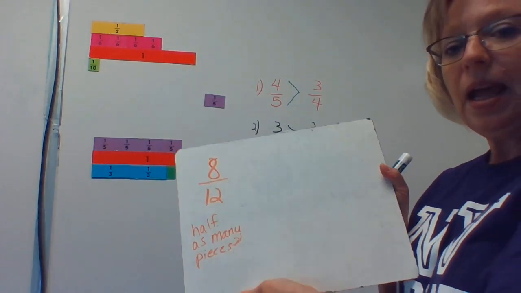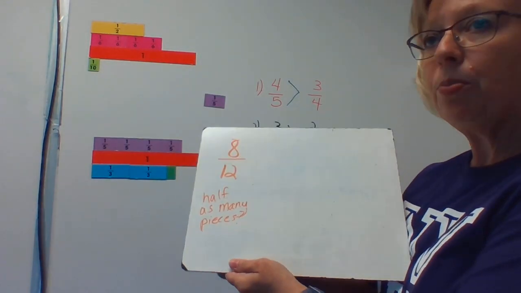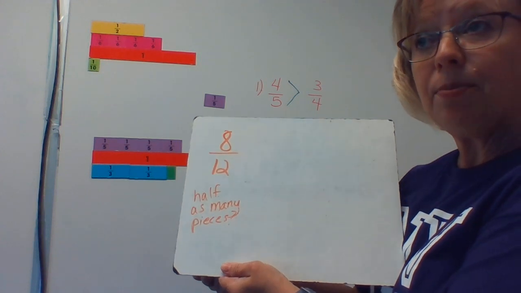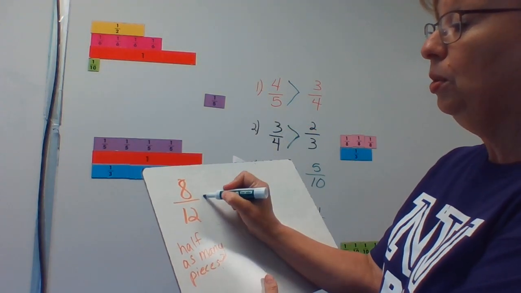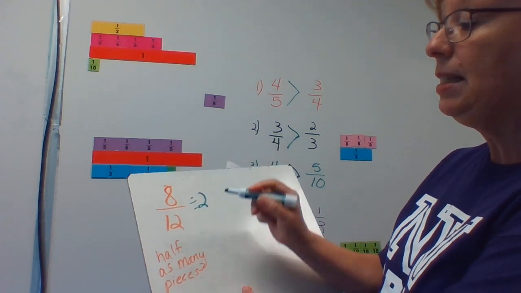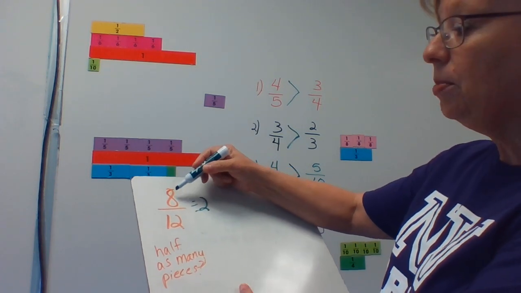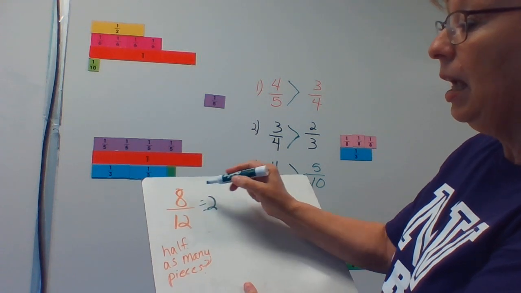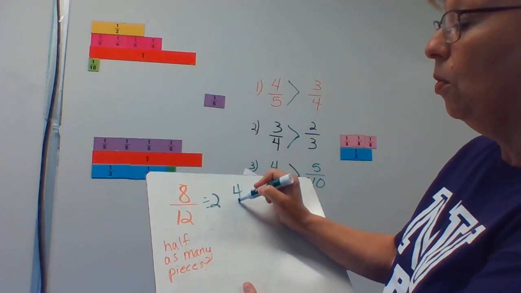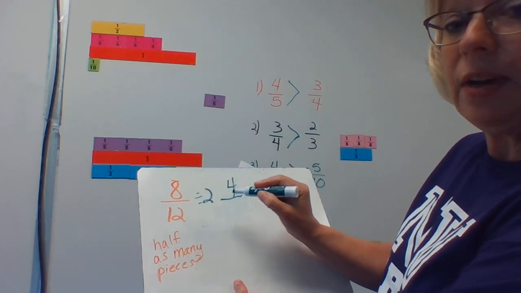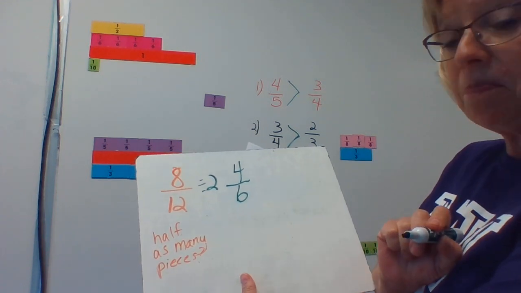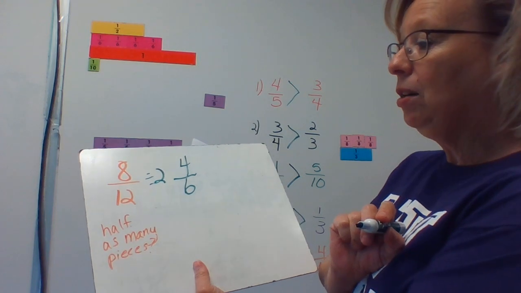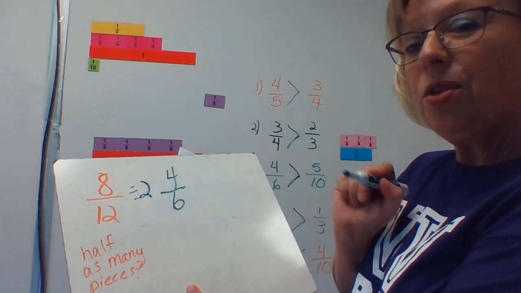So just like we were multiplying earlier in the week, we can also divide numbers. So let's look at 8/12. Those are both even, so I know I can divide both 8 and 12 by 2. So if I did that, 8/12 would be equivalent to 8 divided by 2 is 4, and 12 divided by 2 is 6. So 8/12 is equal to 4/6. Both of those are still even.